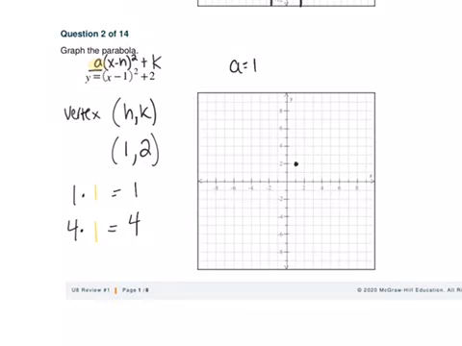Since a is 1, it's going to go up because it is positive. Okay, so remember that. So we're going to go right 1 from that starting point and up 1. And then we're going to go left 1 and up 1. And then we're going to go right 2 and up 1, 2, 3, 4. And left 2 and up 1, 2, 3, 4. Remember, it's that same pattern every time. 1 times whatever the a is and 4 times whatever the a is. And then you graph the parabola. Okay?